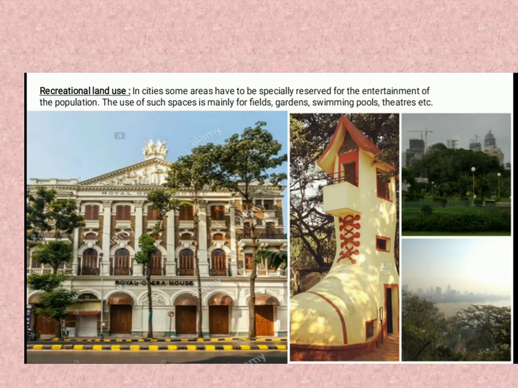The use of such space is mainly for fields, gardens, swimming pools, theaters, etc. This is a picture of an opera house theater, the hanging garden, and the other gardens over there.